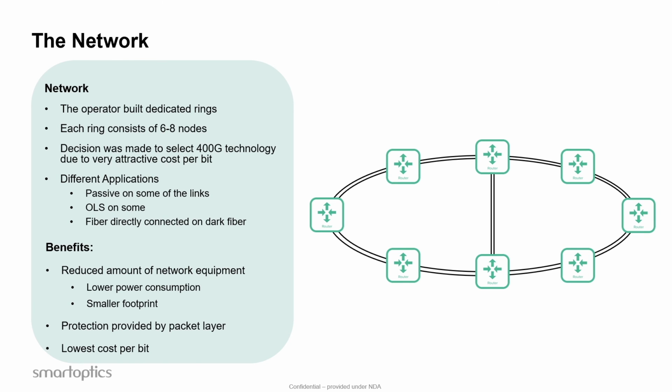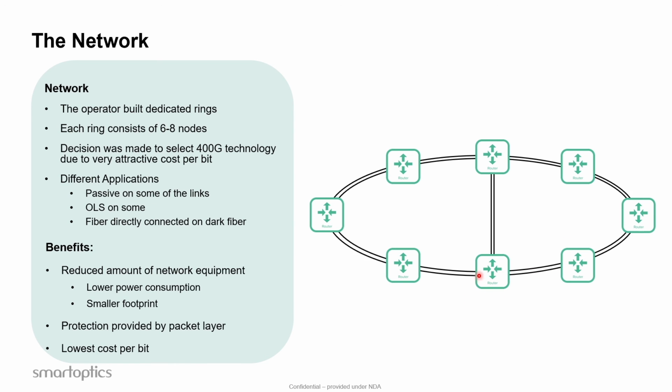They have an interesting combination of transporting those 400 gig because they combine pretty much all the different technologies. On some of the links, they run the 400ZR optics between 2 sites directly on a dark fiber. So they have certain segments on the network where they are very fiber rich. Then they take one dedicated dark fiber for that 400 gig service. They have some other links where they have passive networks where they only want to put a couple of 400 gigs, so they use a 4-channel passive filter for that.